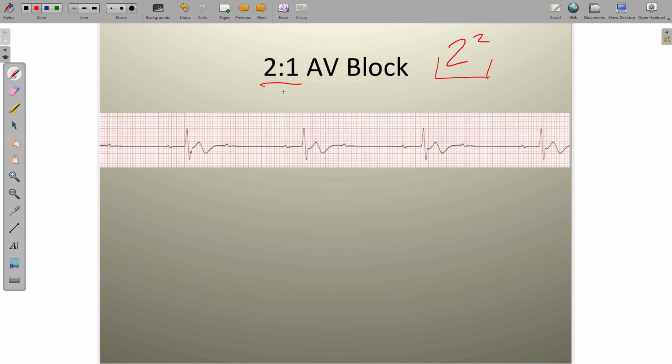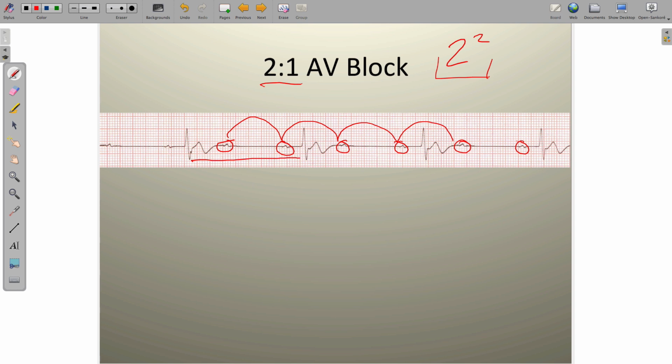So let's take a look at how to differentiate second degree type 2 heart block from 2-to-1 AV block and what exactly 2-to-1 AV block is all about. So if we look at this EKG, at first glance, everybody's going to catch these P waves that are occurring here. All right? And in fact, if you measure out the P to P intervals, you'll notice that the P to P interval is exactly the same, so nothing's hidden anywhere.